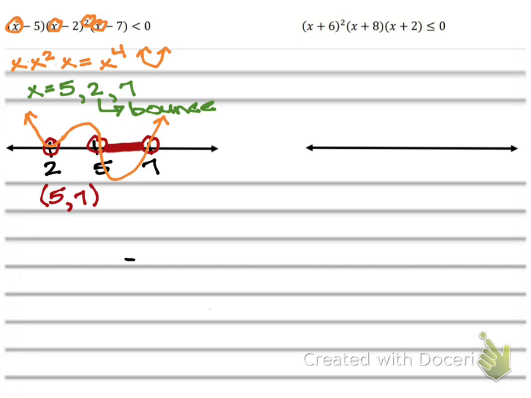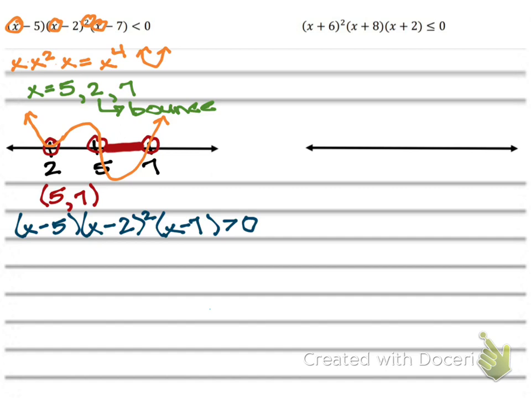I want you to think about this one. What if we changed it and we said we wanted x minus 5 times x minus 2 squared times x minus 7 to be greater than 0. So it's the exact same problem, right?